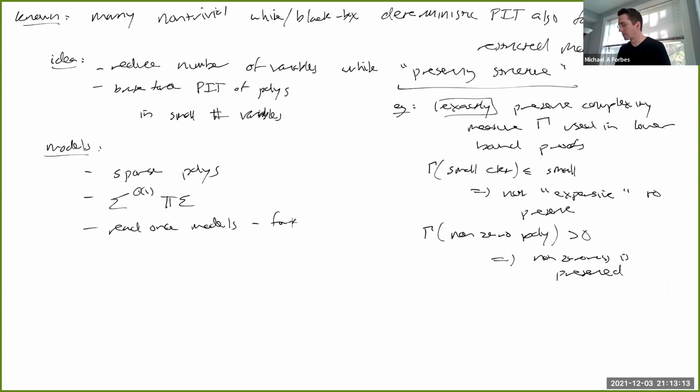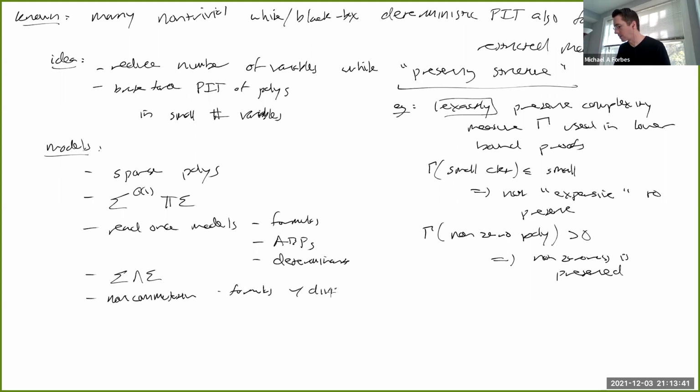And so there are read-once formulas, read-once ADPs, and then there's read-once determinants, which are, for example, relevant in the matching problem. There's depth-three powering formulas, which have been discussed. There's non-commutative, say, for example, formulas with divisions related to some of the left-right action work that's been talked about, and non-commutative algebraic branching programs.